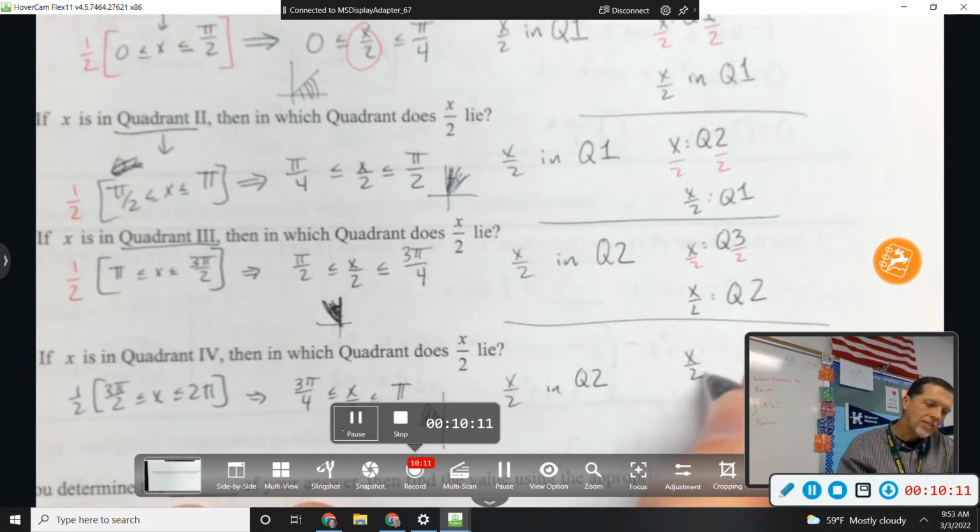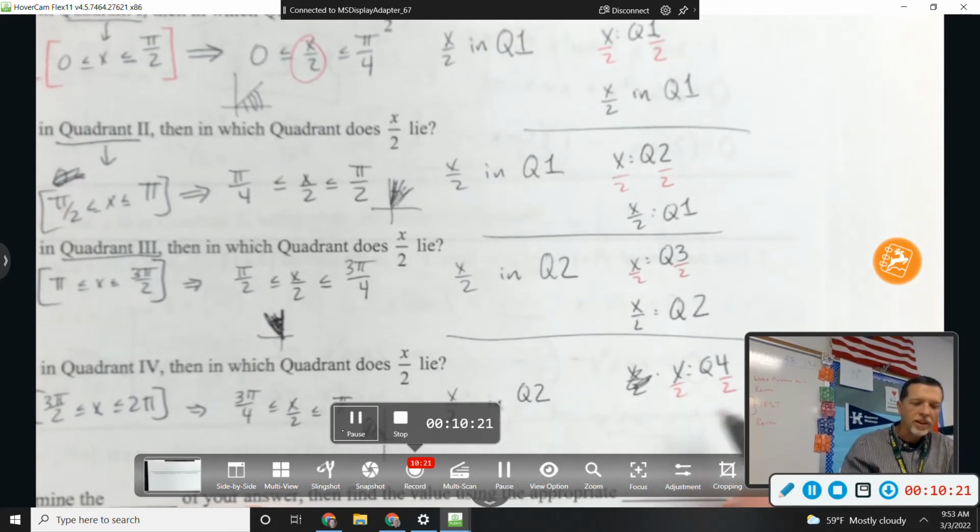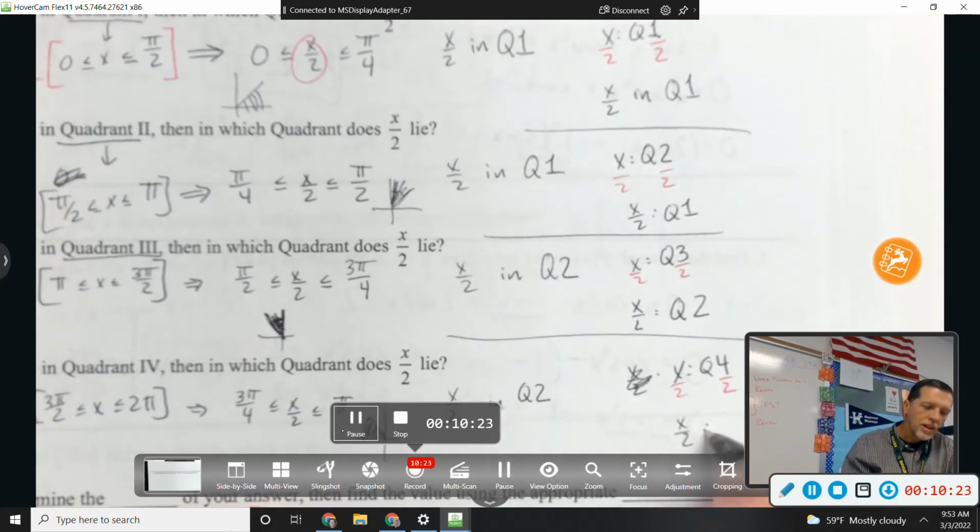And lastly, if x is in quadrant 4, and we divide both sides by 2, again, divide both sides by what? This is a weird thing to be dividing by 2. X over 2 is in quadrant 2.